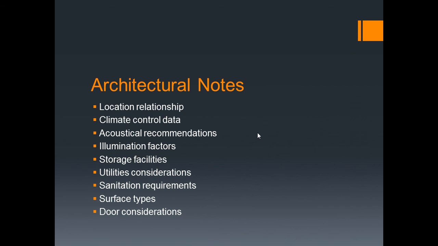Utilities consideration. How much electrical power are you going to need? The absolute worst thing that could happen to you or to me in planning a new facility is where the thing is built, the electricity is hooked up, and you turn everything on, and then the breakers start flipping.